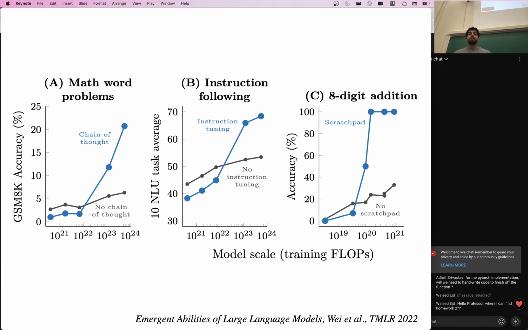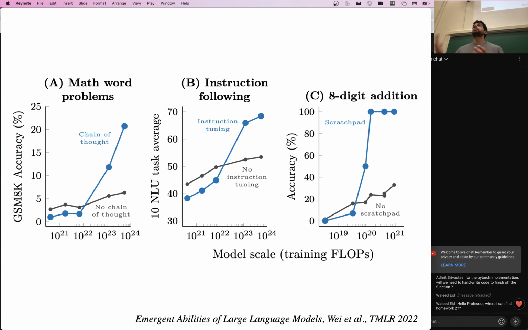And this is a figure from the paper that motivates the advantages of scale. Here we see three different tasks, so math word problems. And here they're measuring a model prompted with just the word problem and additionally with chain of thought examples. So the model is forced to reason about why it's solving the problem in the way it is. It's interesting to look at this chain of thought curve here. On the x-axis, we see the number of flops used to train the model, right?